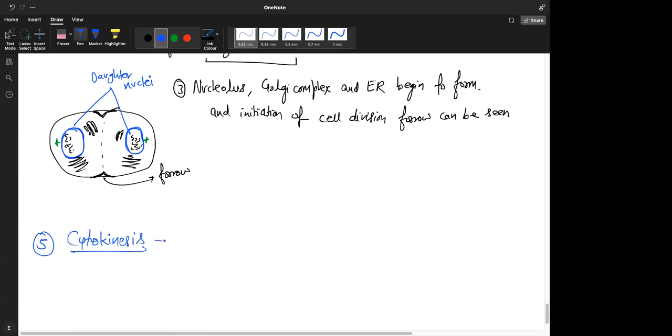After the telophase, it is cytokinesis, right? Write down.